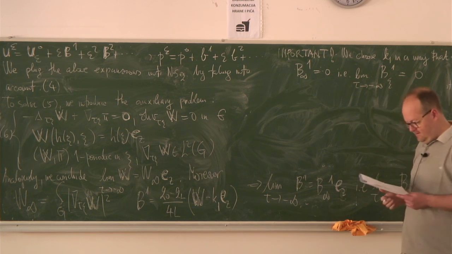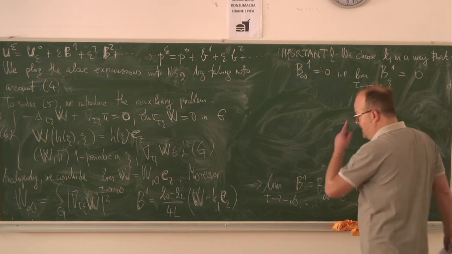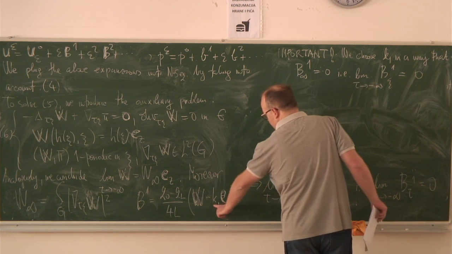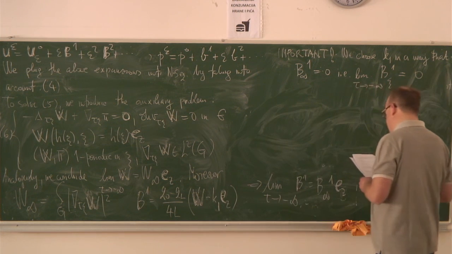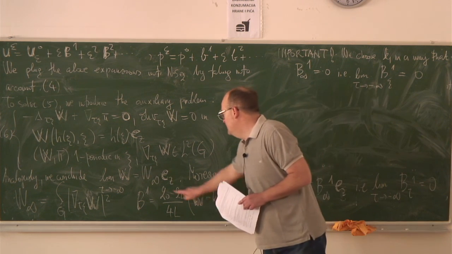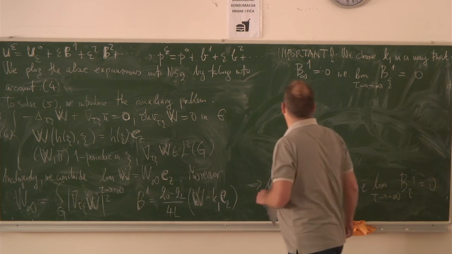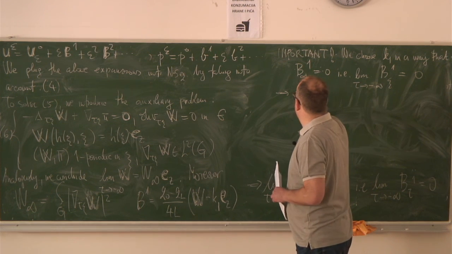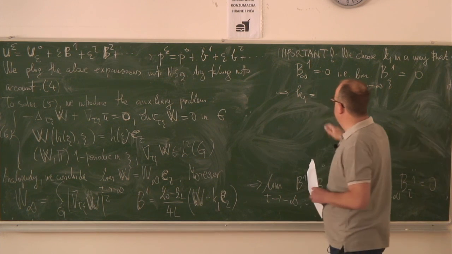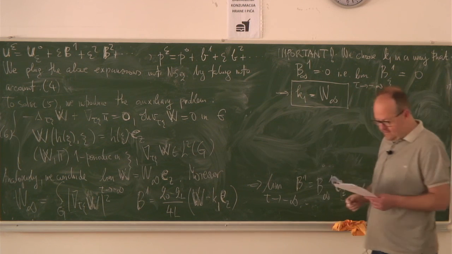Okay? And we can do that easily by putting K1 equal to the stabilizing constant of the auxiliary problem, yeah? Okay, so we conclude that K1 is this.